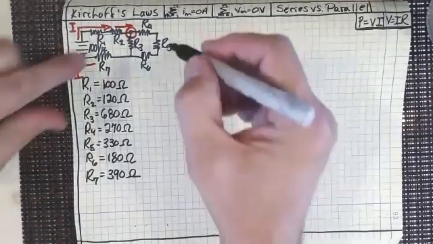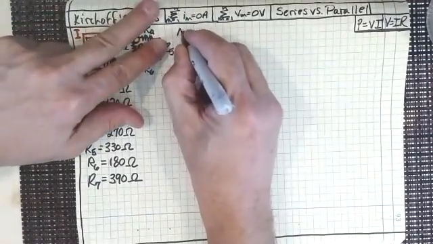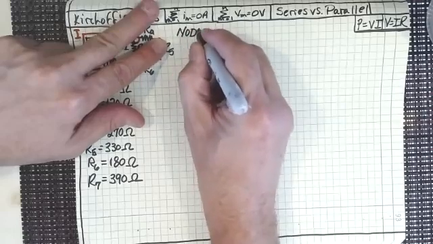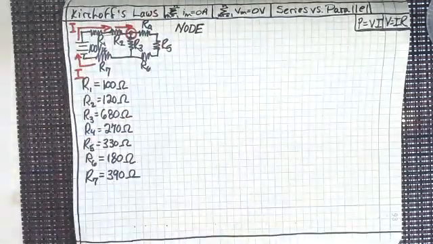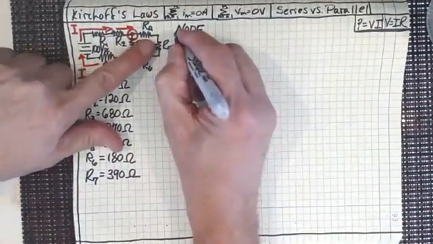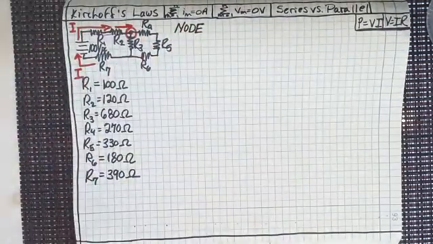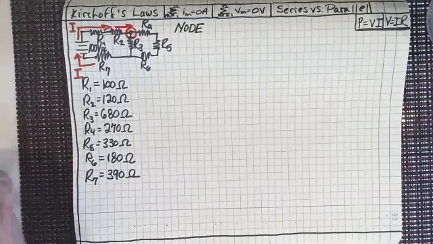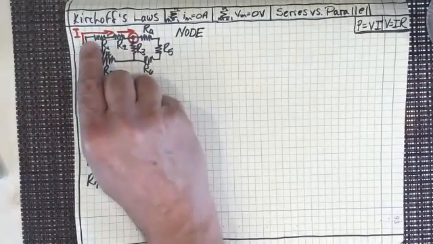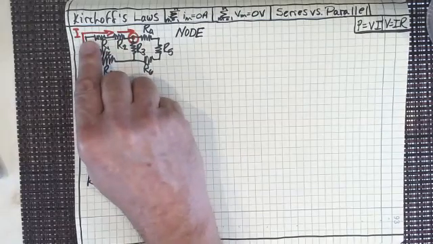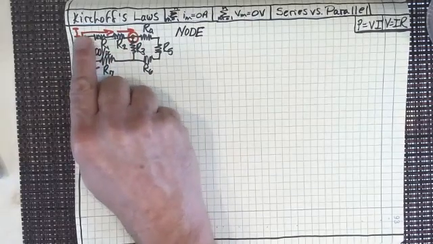Yeah, it's got a name, and it's called a node. You want to get the electrical engineering terminology down so that you know how to speak engineering. And so right there is a node. So I come out of here. This is not really a node. This is just part of my schematic drawing, isn't it?